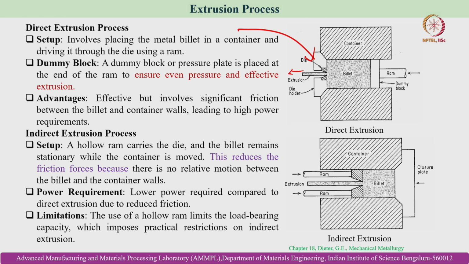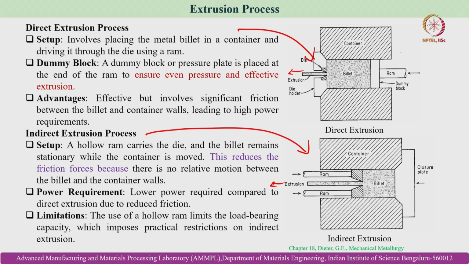And then here comes the indirect extrusion process, which is shown here schematically. It is interesting to note that in the case of indirect extrusion, the direction in which the extruded billet is coming out is opposite to the movement of the ram. That is why we call it indirect extrusion. In this case a hollow ram is employed, which carries the die, and the billet remains stationary while the container is moved.